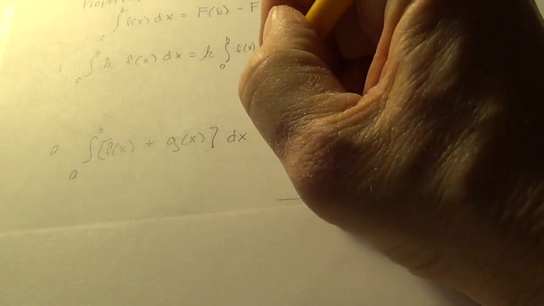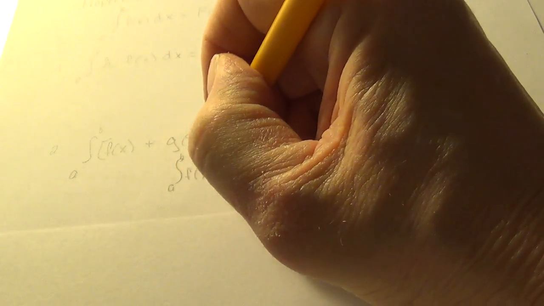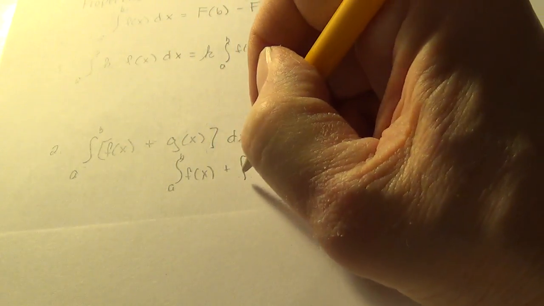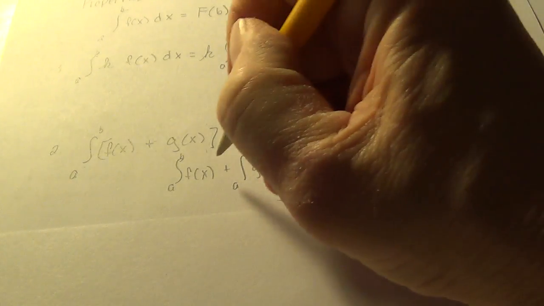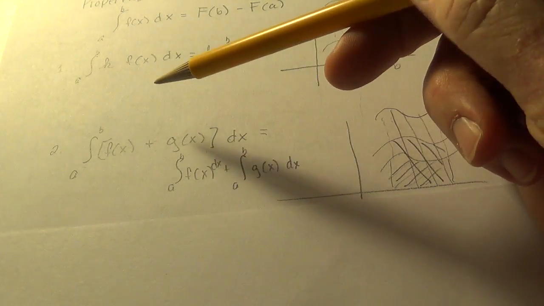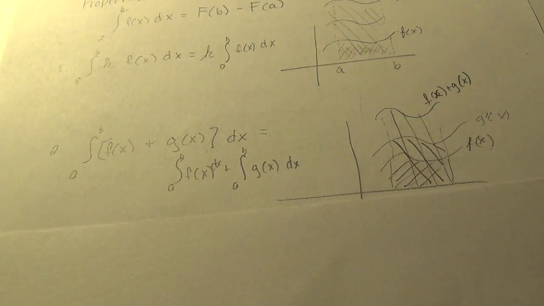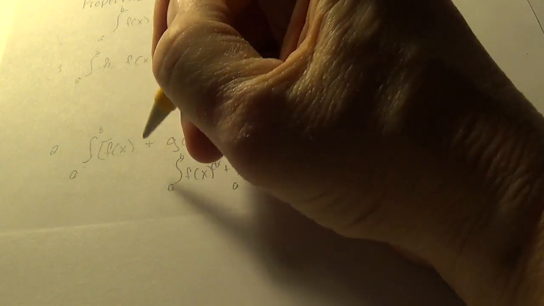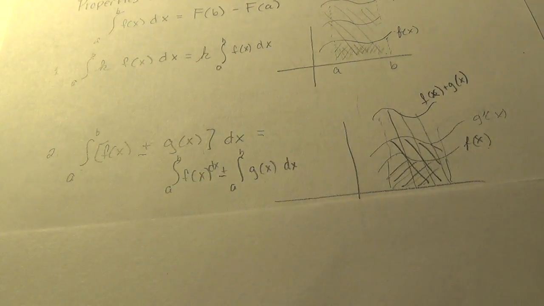So that means we can split this into two individual integrals. And I forget my dx sometimes. And we have done that already. So the integral of a sum is the sum of the integrals. So that also works with a minus sign. The picture doesn't show that, but it does work.